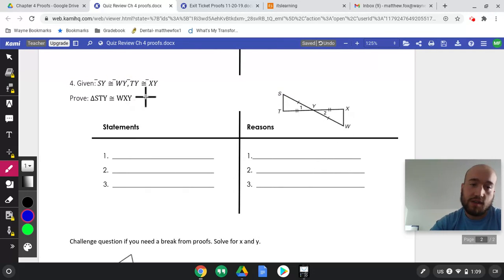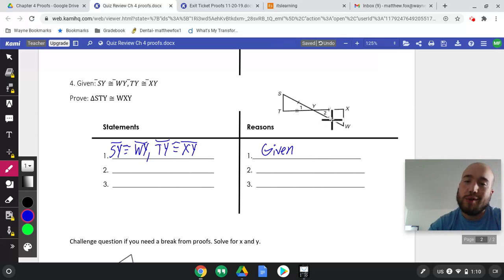And this final one, once again, they give us some information. So SY is congruent to WY. And then, as you see here, SY and WY, those both have one mark. Then TY and XY both have two marks. So all that is given. Now, if we look here, hopefully you see angle 1 and 2.